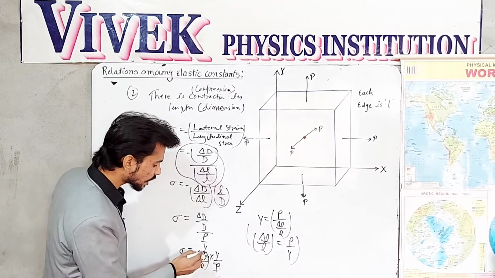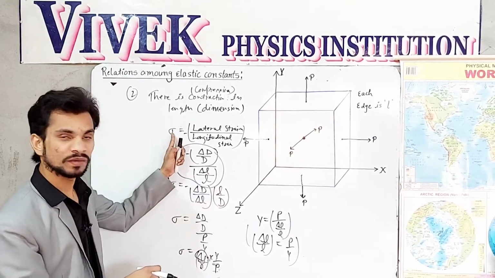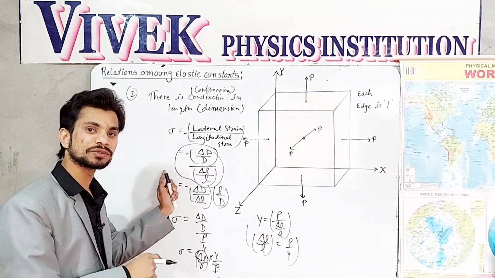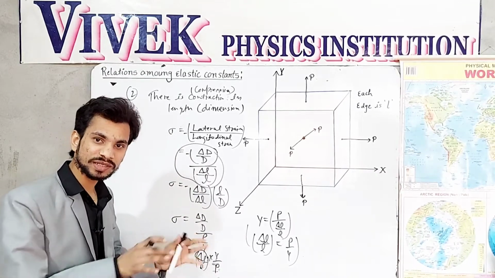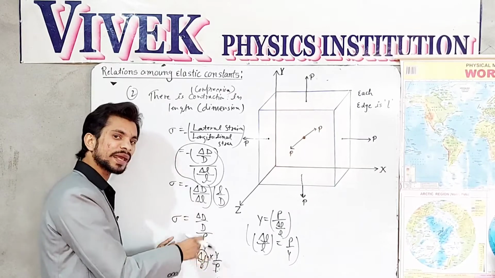This is the contraction, because I am taking the context of Poisson ratio, and I have told you that whenever I take the contraction, I will take the help of the Poisson ratio. So delta L is the contraction in any one dimension.